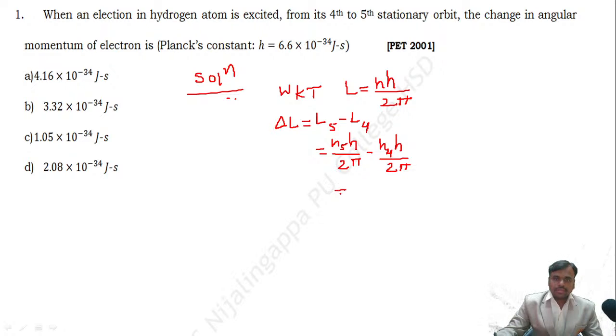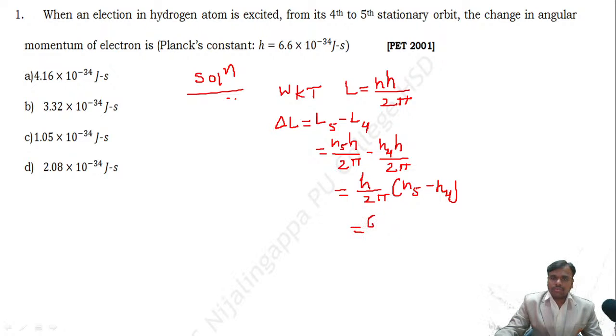Students, by observing the above relation, we can note that h and 2 pi are constant in both the terms. Therefore, h by 2 pi is common in both the terms. The remaining values are n5 minus n4. Here the h value is given. The h value is 6.6 into 10 to the power of minus 34, which is the Planck's constant.